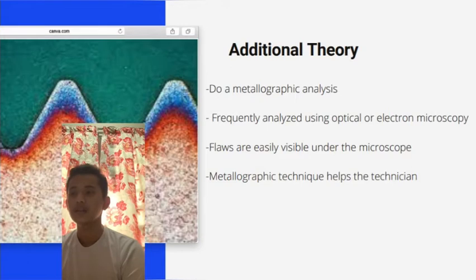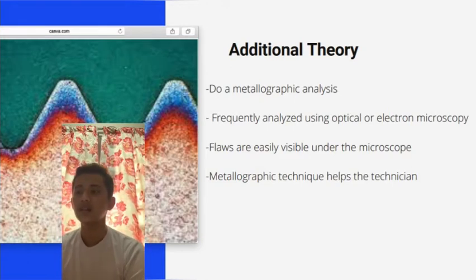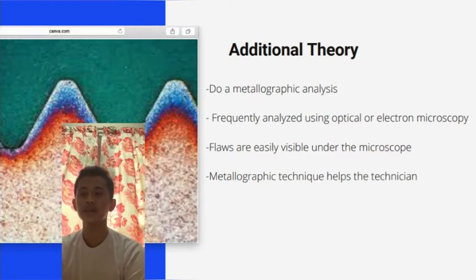Other flaws such as grain boundaries, twins, and precipitates are easily visible under microscope. Technicians usually identify alloys and predict material properties using metallographic technique.